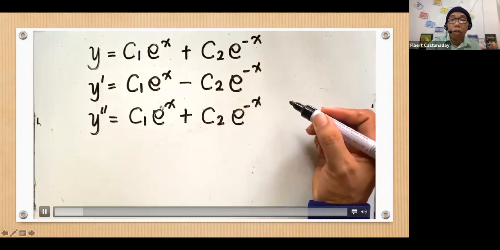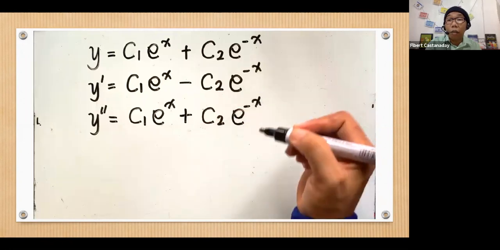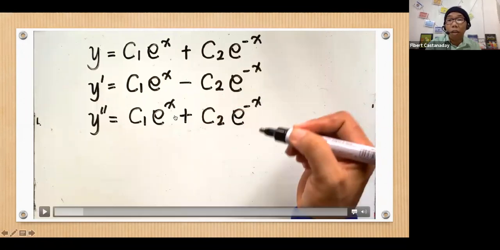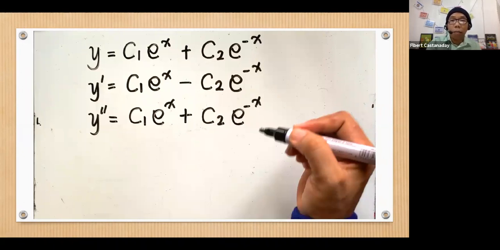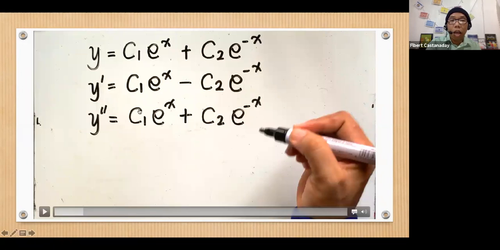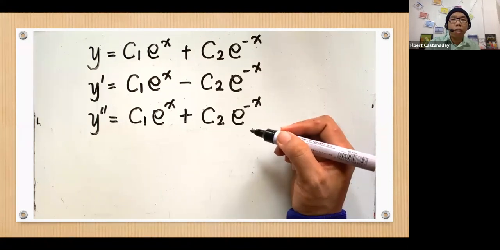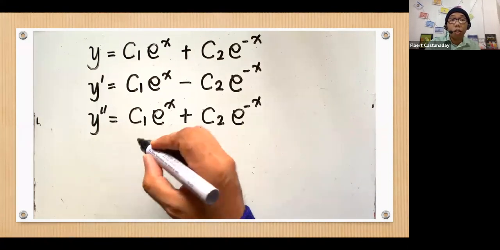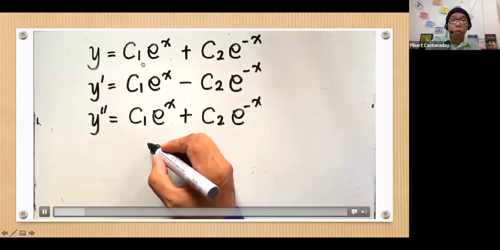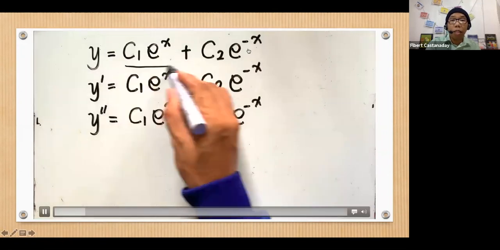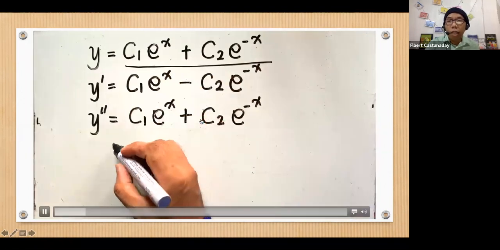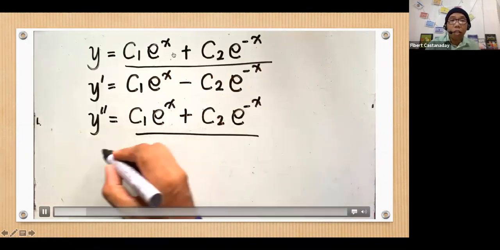Okay, so this would supposedly be your final answer if having arbitrary constants were acceptable, but it's not. Dapat your DE should be free from arbitrary constants. So our next step is to eliminate these arbitrary constants, or this entire term. As you notice, the given equation, c sub 1 e raised to x plus c sub 2 e raised to negative x, is similar to your final answer after differentiating 2 times.